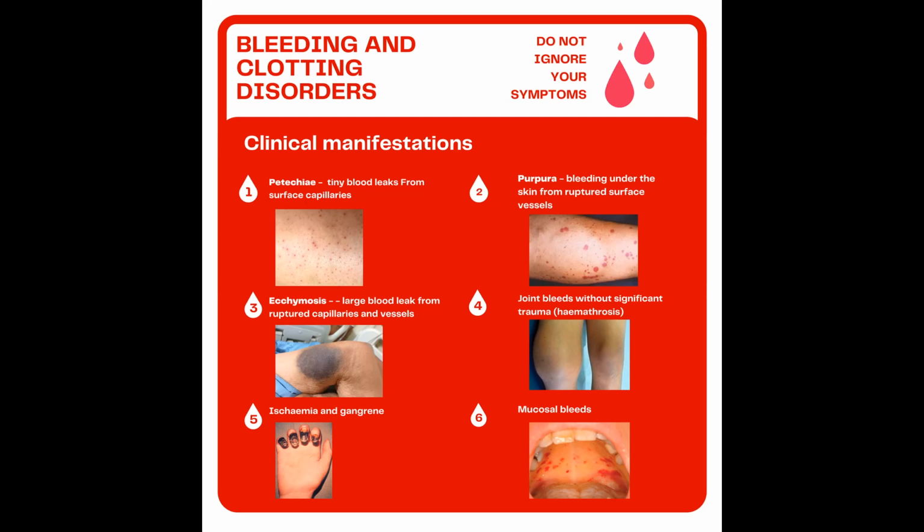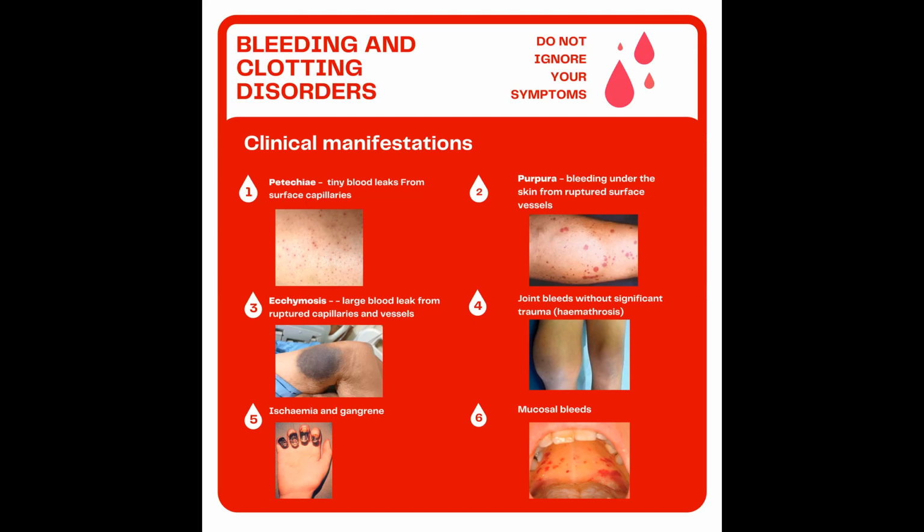These could be due to different underlying disorders such as hemophilia, von Willebrand disease, idiopathic thrombocytopenic purpura, disseminated intravascular coagulation, and chronic liver disease.